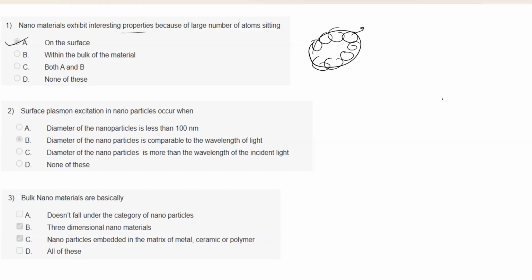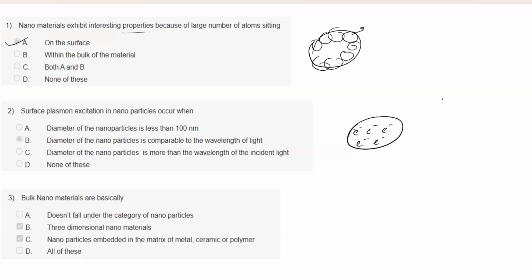Surface plasmon excitation in nanoparticles. Okay, so surface plasmon excitation occurs when you have metallic particles which have free electrons sitting on top.